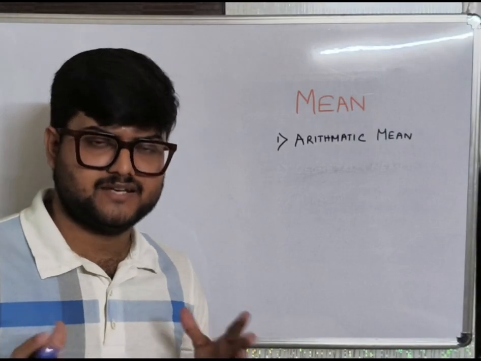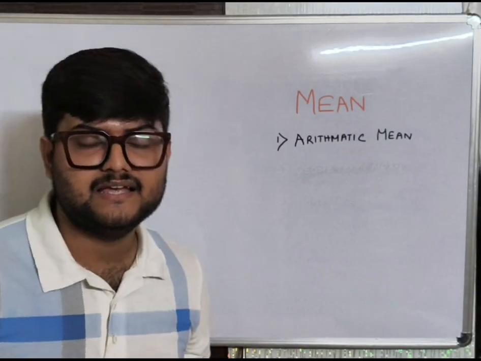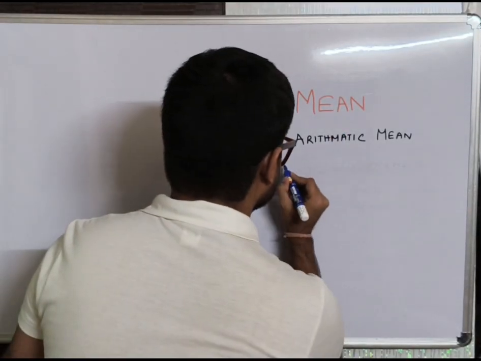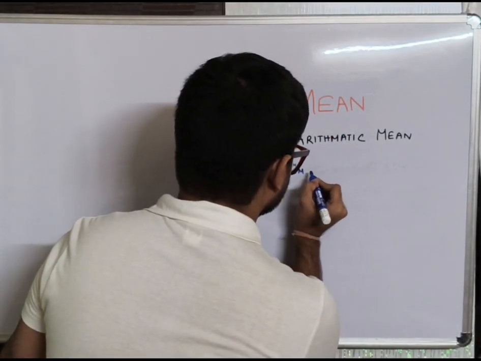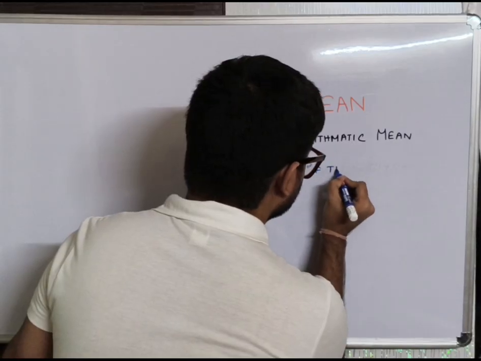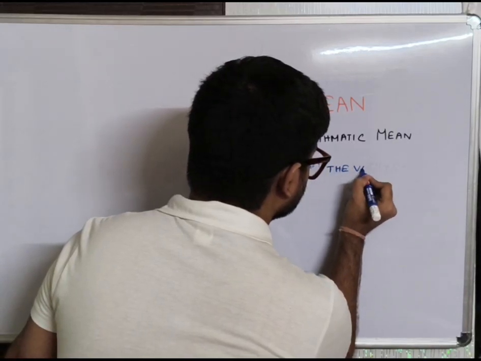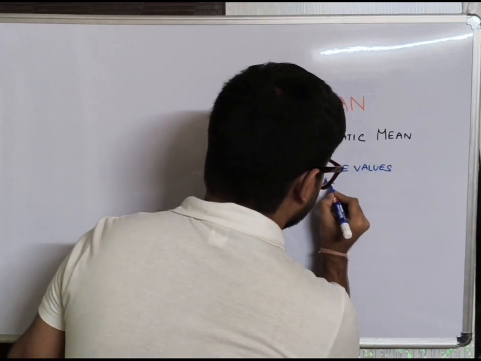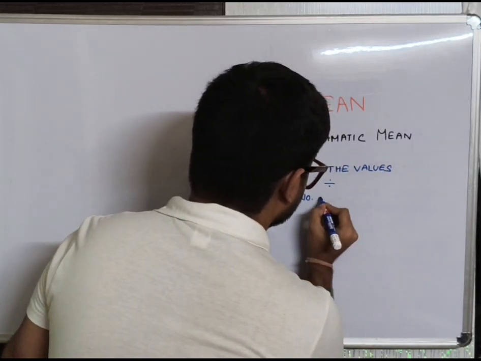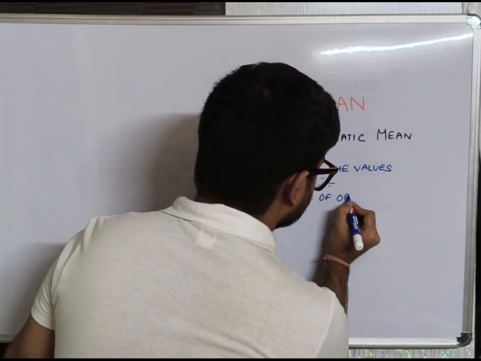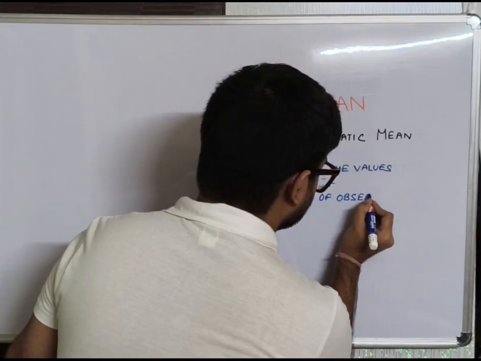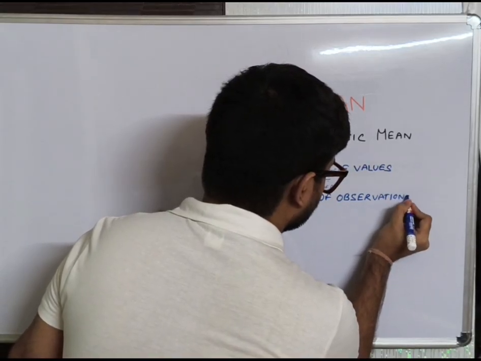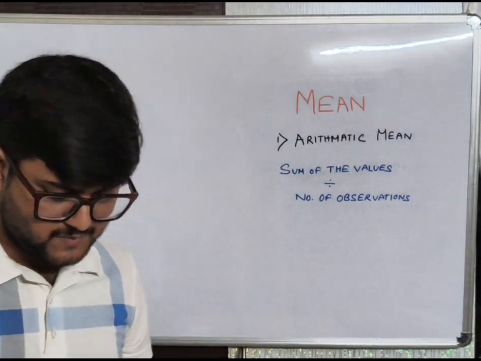Arithmetic mean is similar to mean. We also call mean the arithmetic mean sometimes because it's the same thing as mean, that is the sum of the values of a data set divided by the number of observations in the data set.